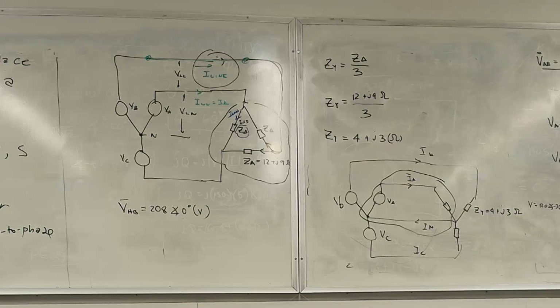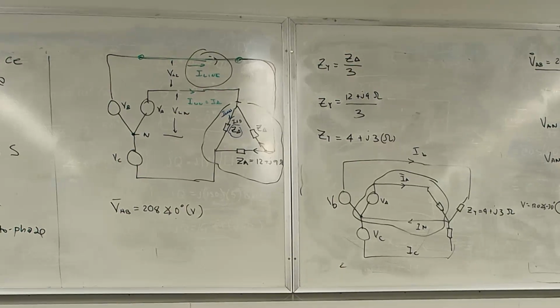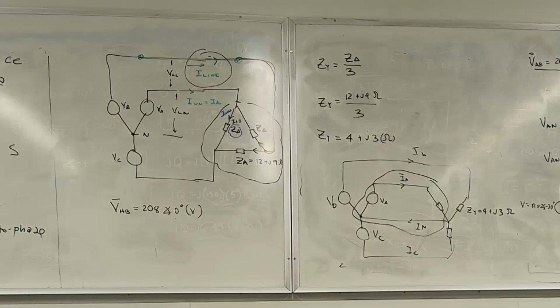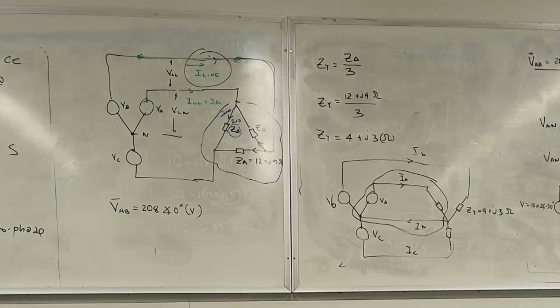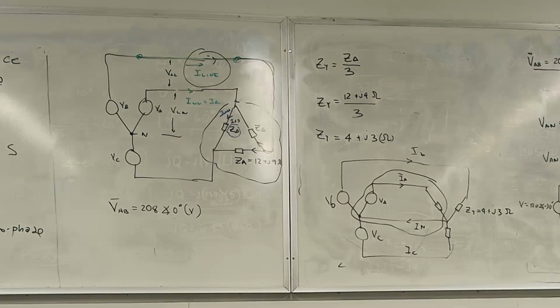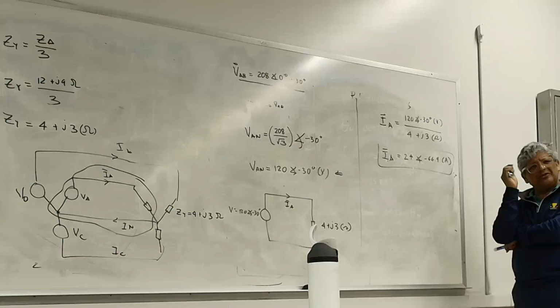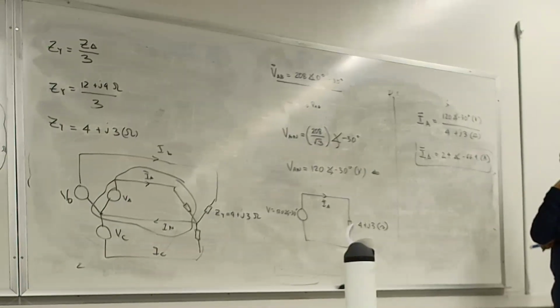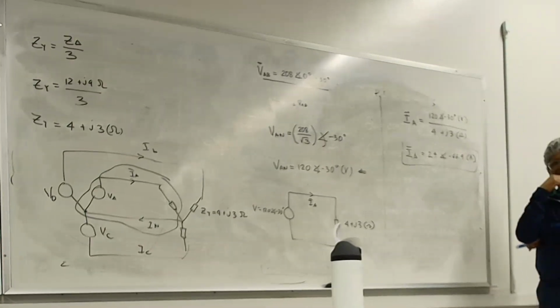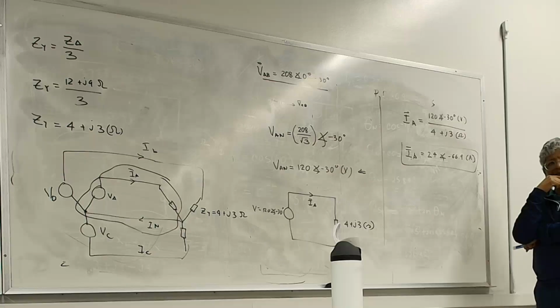Don't worry about the angle yet; we'll talk about the angle in a second. The current coming in from the line splits because it's a delta, going in two directions. Is the magnitude of the current going into the load going to be larger or lower than the line current? It's lower, no?